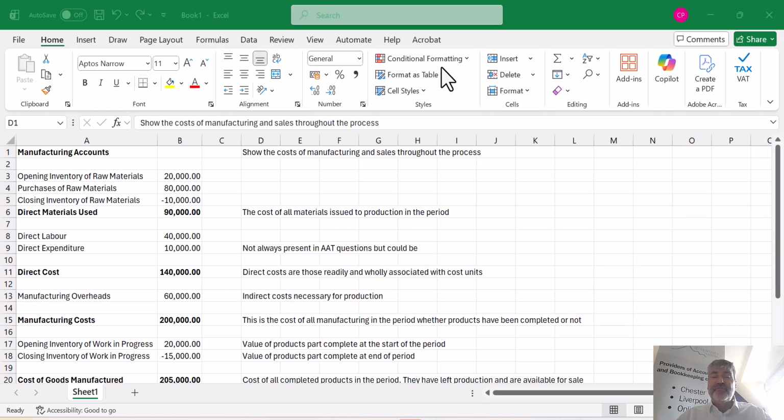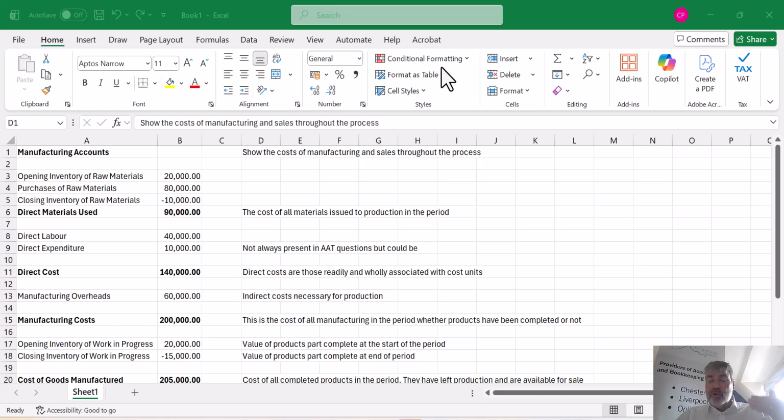So if we know the cost value of the opening raw materials that are held in the warehouse, in stores at the start of the period, and if we know the total cost of all purchases of raw materials for the period, if we add these two items together, here £20,000 and £80,000, we can see that we had £100,000 worth of raw materials available for us to use in production.